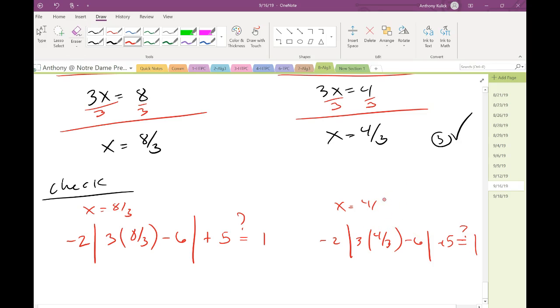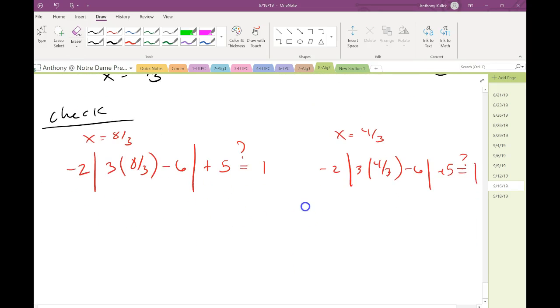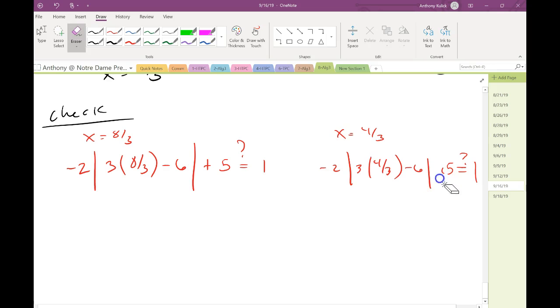And you'll notice that when I do this, I write a question mark over my equal sign because I don't know if these two things are equal. That's literally what I'm going to be checking, right?